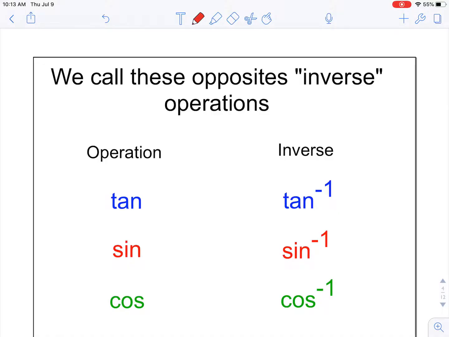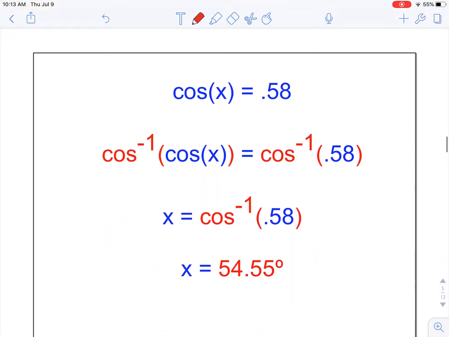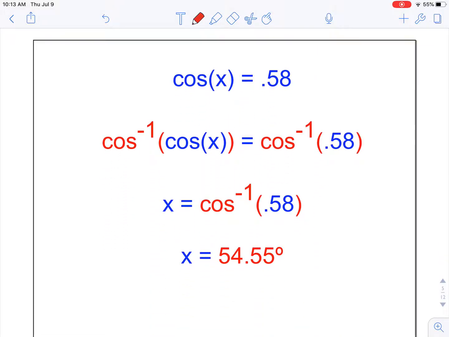So we call these opposites inverse operations. So the inverse operation for tangent is inverse tangent, etc. for sine and cosine. And on your calculator, your inverse trig ratios are right above your sine, cosine, and tangent buttons. So you use the second, and then you type in that inverse button. So you'll see it will look like inverse tangent when you type in that. So we'll practice that.